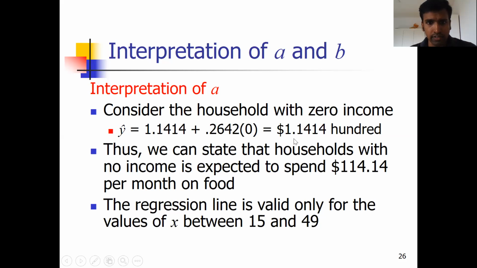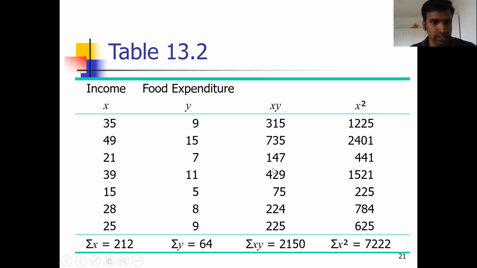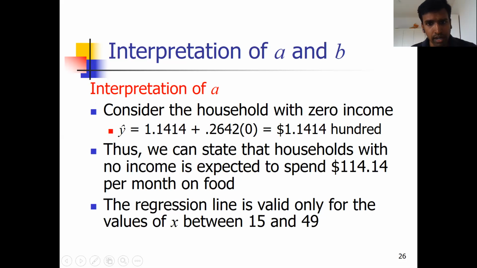Now you can see there's a change in terms of scale, because here the interpretation says 114. The data is supposed to be multiplied by 100, hence they multiplied by 100 and gave the result here. So this is supposed to be $900, $1,500, $700, and similarly the income should be 3,500, 4,900 and 2,900. Hence, they multiplied that by 100 and put this information here.